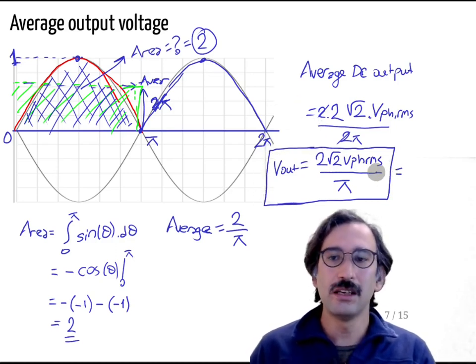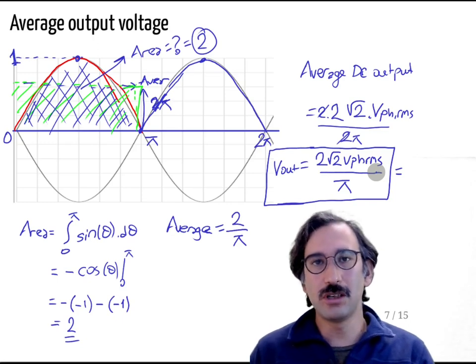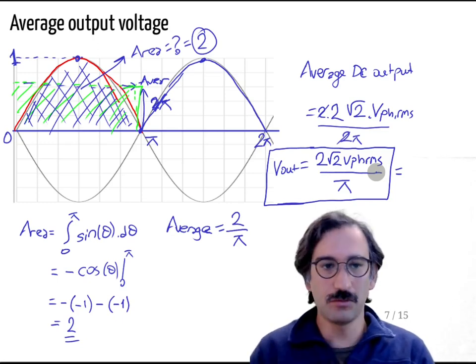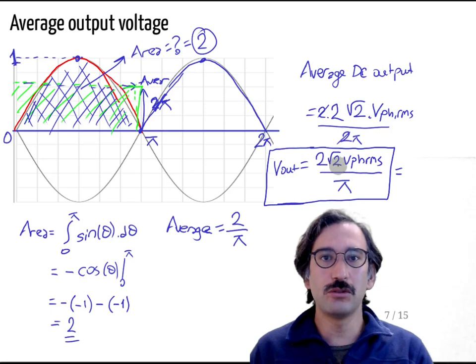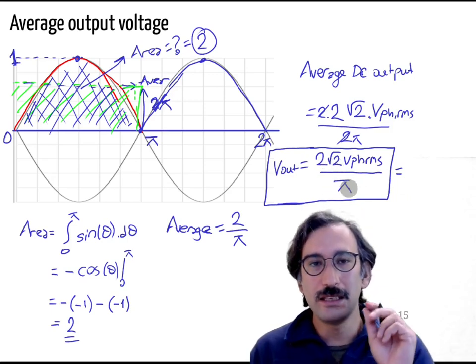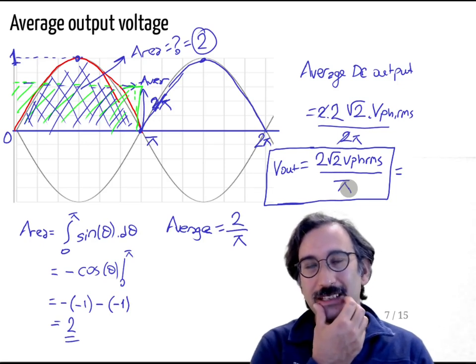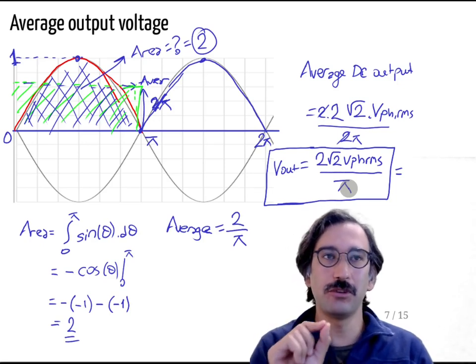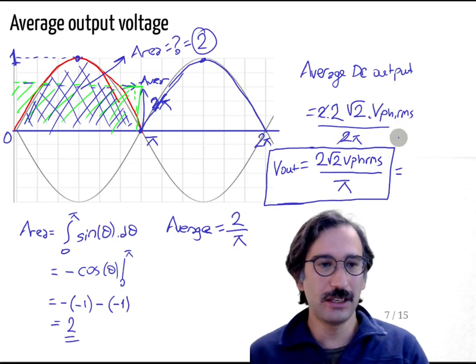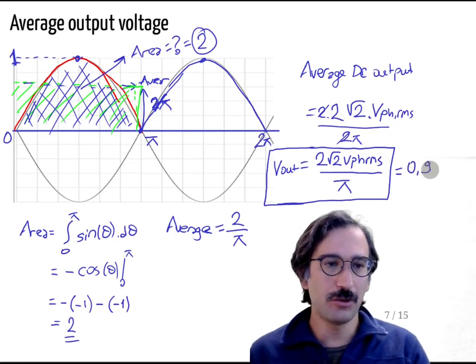I want you to calculate it with your calculators or mobile phones. 2 square root 2 divided by π is equal to 0.9, and if you look at the number of digits, it's really 0.900 something, so it is really accurate, and you can write 0.9 V phase RMS.